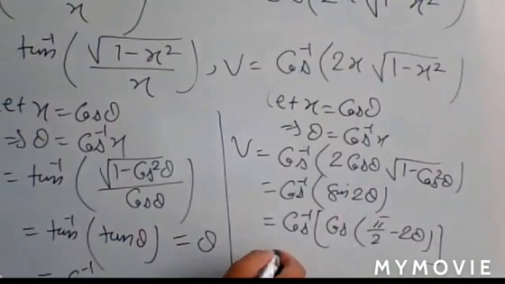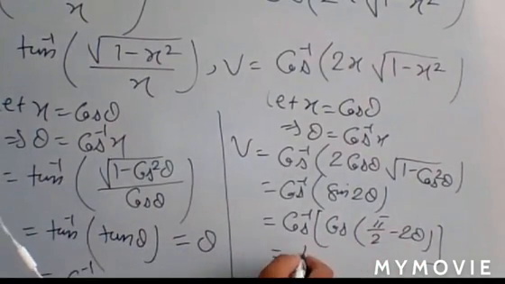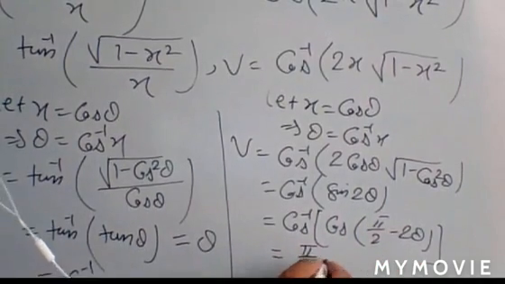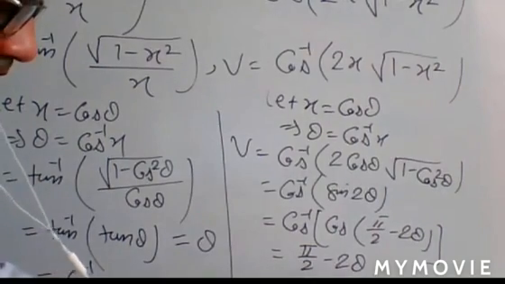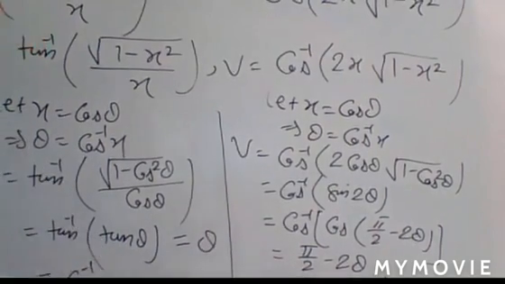Understand? And cos inverse cos theta is equal to theta. So you have pi by 2 minus 2 theta. Now putting its value, so you have pi by 2 minus 2 cos inverse x.